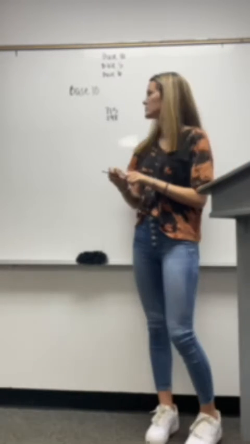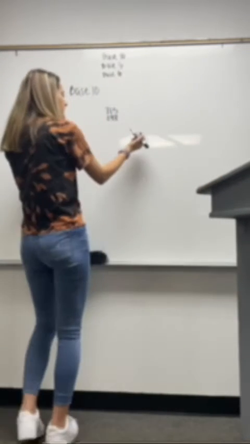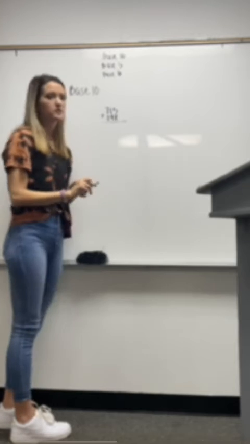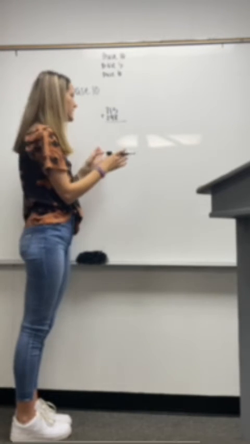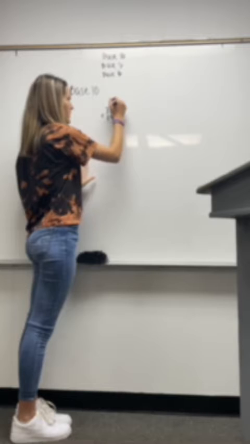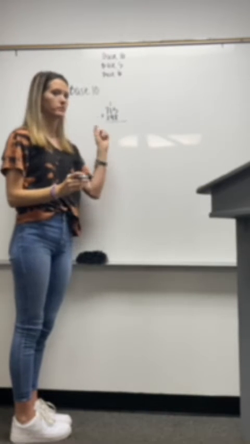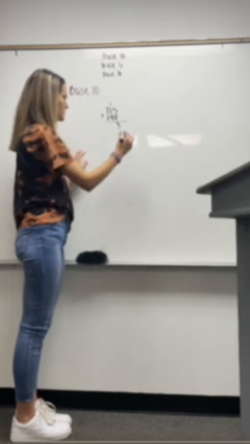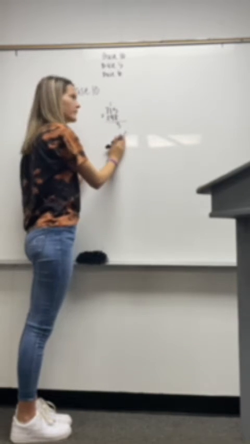Okay, so when we add, we see that 5 plus 8 is 13. So we have one group of 10, so we're going to carry that 1. And when we have 13, we have 3 left over because we're doing groups of 10.